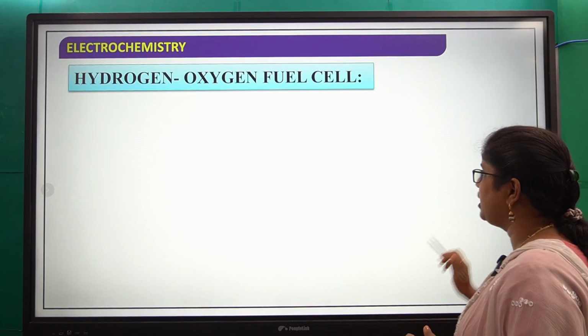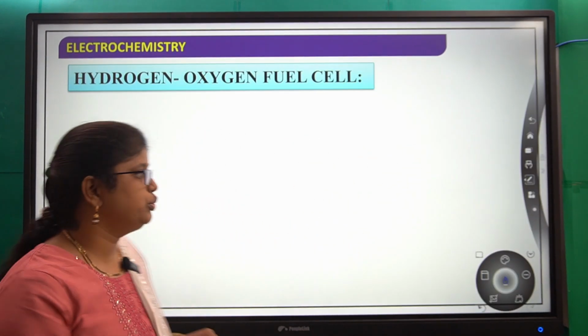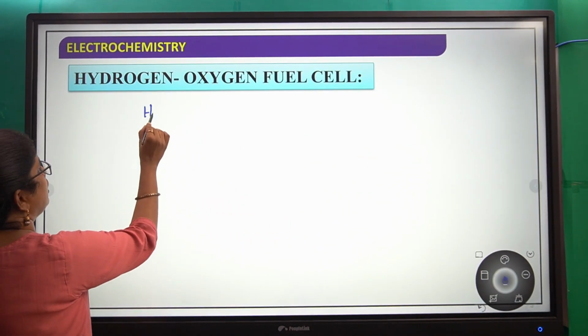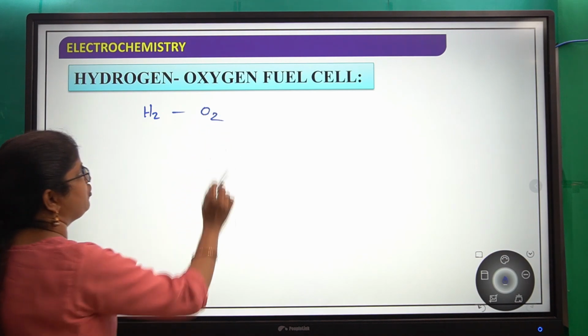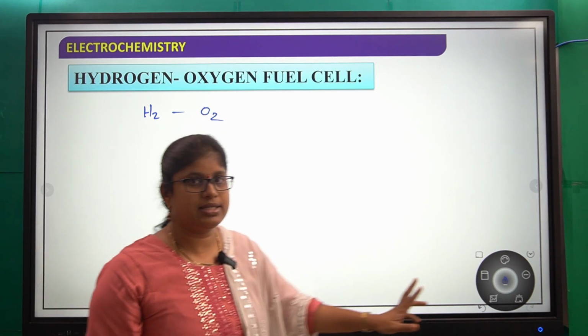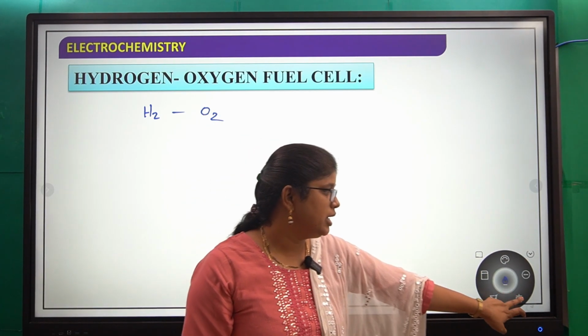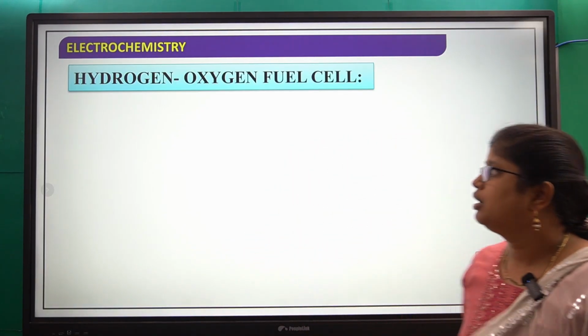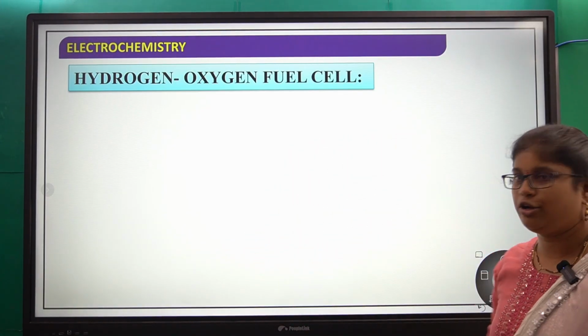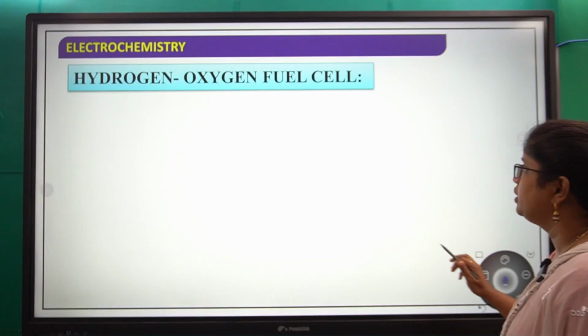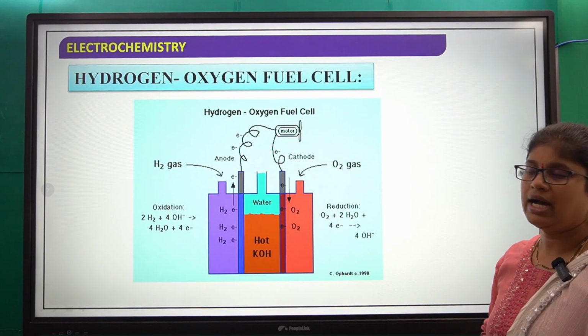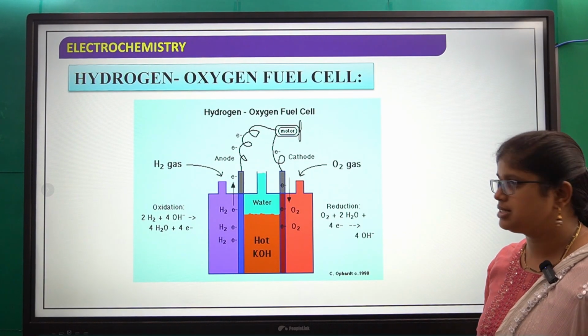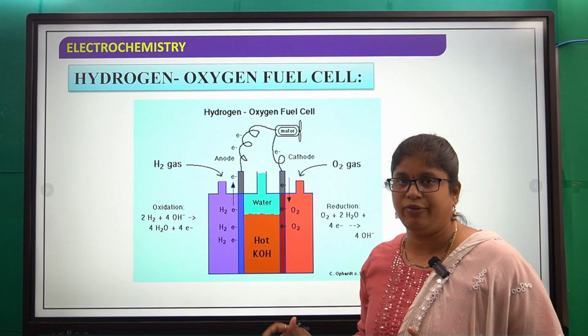What is the formula of hydrogen here? H2 and O2. These hydrogen oxygen fuel cells use the energy released when combustion takes place between hydrogen and oxygen. Look at the diagram carefully.